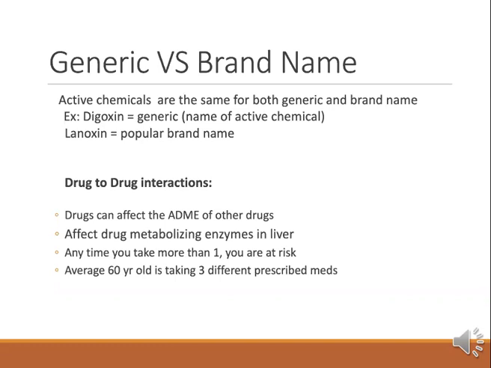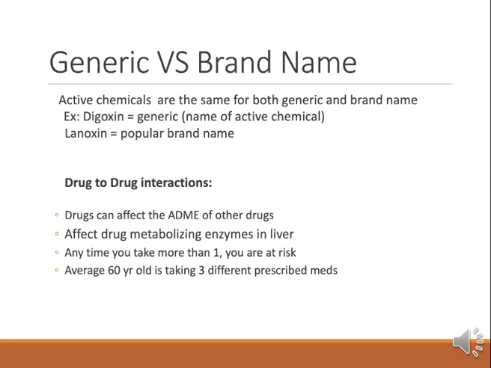And Lanoxin would be the brand name, the popular brand name, right? So we always hear both of these for a drug. So it's the generic name and then the brand name. And so with the generic, it usually tells you what the active chemical is of that specific drug. But then the brand name is sort of like the popular name and like what people will call it.